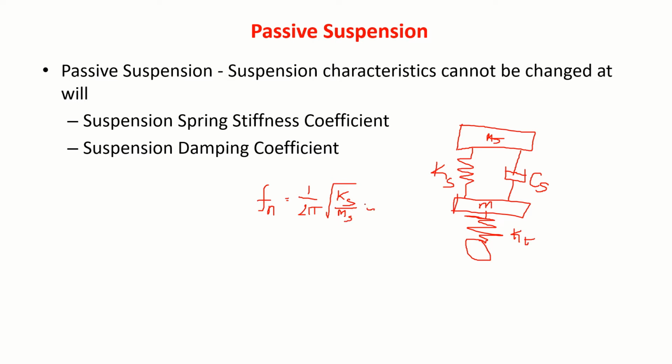And we'll try to fix this value approximately equal to 1 Hertz. So then we arrive at the Ks value and design a mechanical spring accordingly. So now its value is fixed. So many kilonewton per meter. Okay.